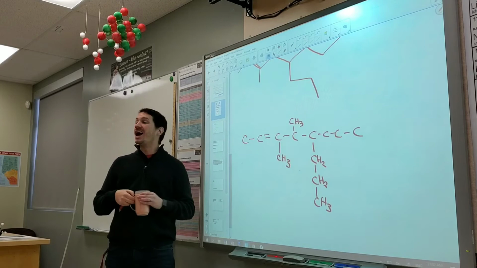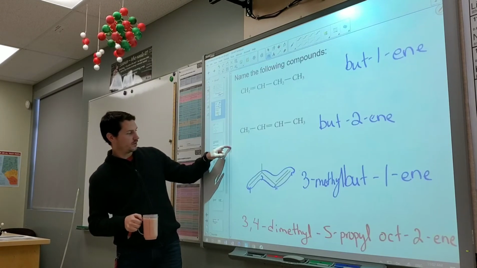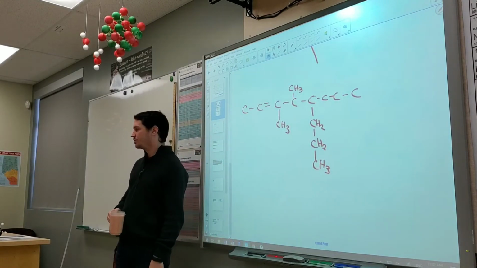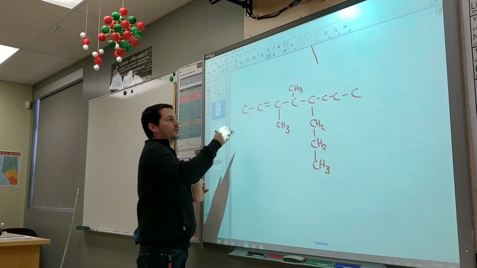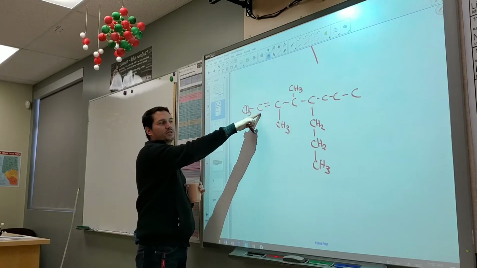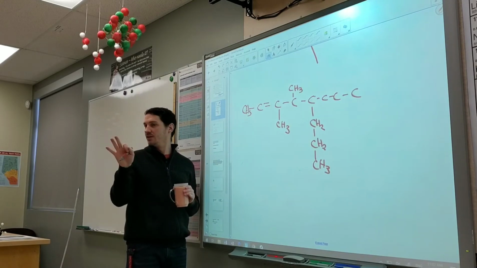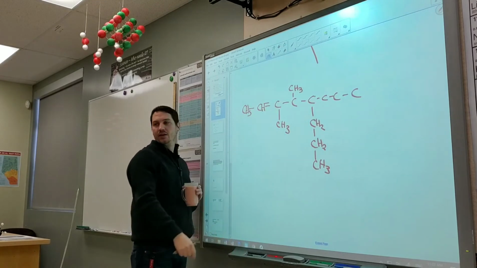Yes. How many hydrogens can go on this first carbon? 3. So CH3. How many hydrogens can go on that one? 2. How many bonds does it have? 3. So 1 more, right? How many can go on there?